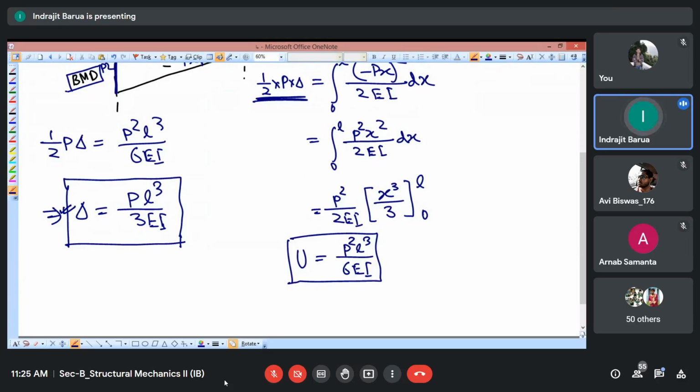This delta you have got directly, and there are many competitive exams where you need to put these expressions directly. This is not related specifically to strain energy. Obviously, this is a delta equation, and in whatever method you proceed, you will get this answer. These are a few short expressions which, if you remember, will be beneficial for GATE or ESE or any other government or private examination, or in interviews.